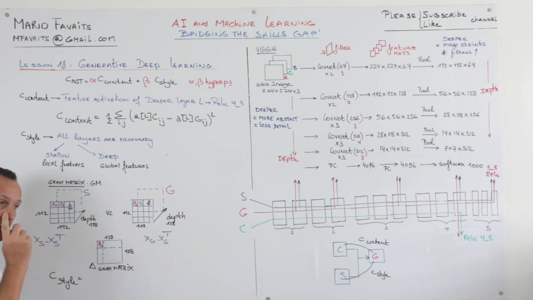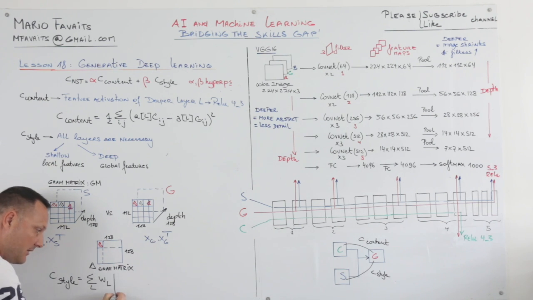So the formula for style cost, basically what we're going to do is we will sum over all layers, because here we look at all layers, and then we have a weight WL, and the weight can basically change how big the impact is of one layer compared to another.